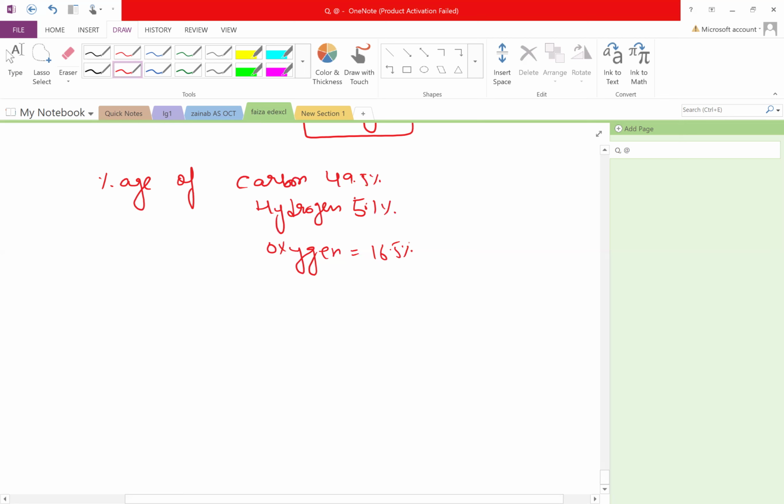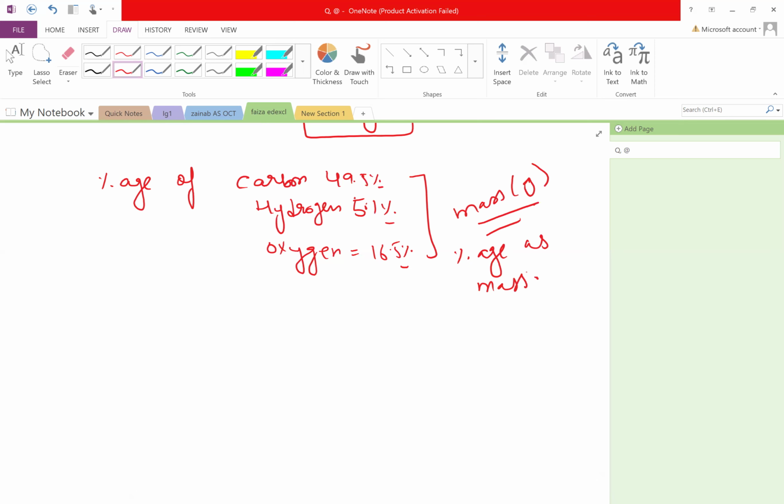Now do remember, sometimes the examiner gives you the mass in grams. Sometimes the examiner gives you the percentage. So do use the percentage as mass. Whatever percentage is given, you are going to use that percentage as the mass.